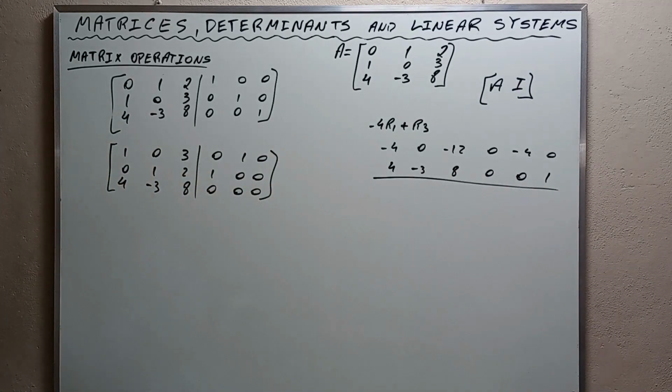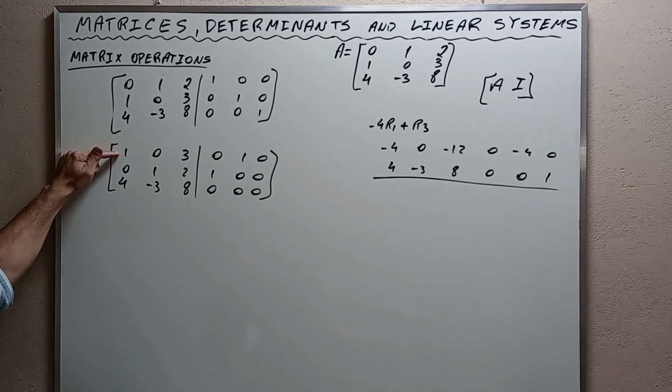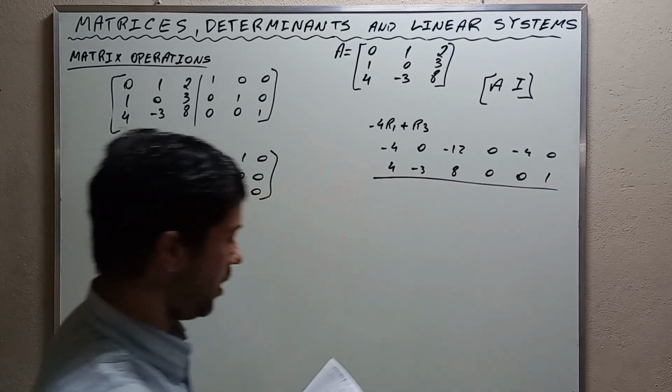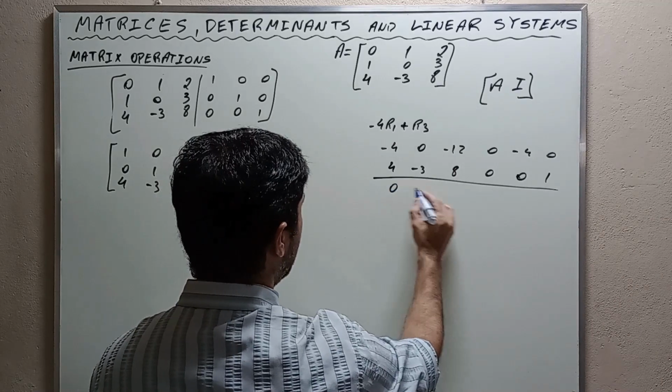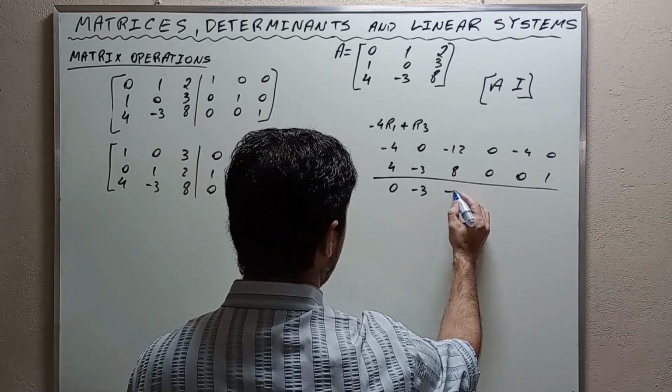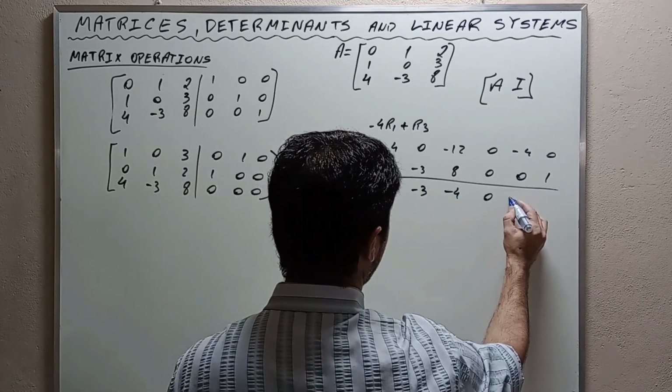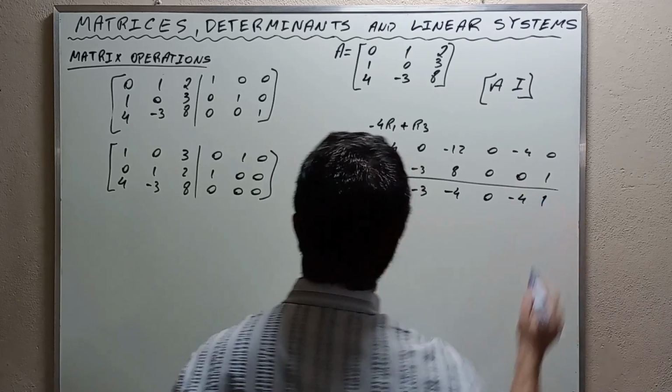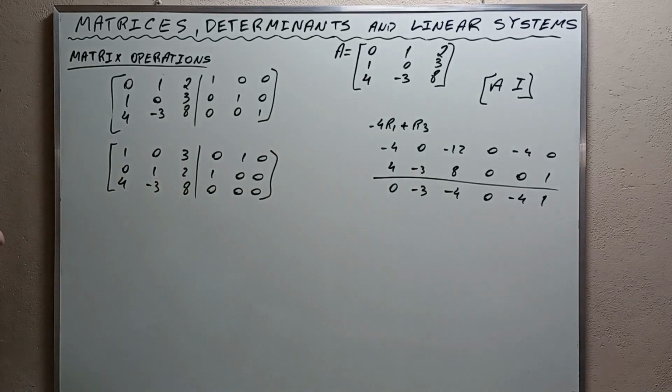When we do this, when we multiply row 1 by -4 and sum with row 3, we find 0, -3, -4, 0, -4, and 1. Okay? And we put this in the place of row 3.